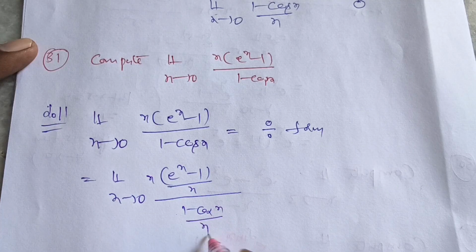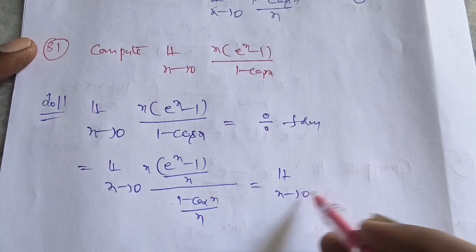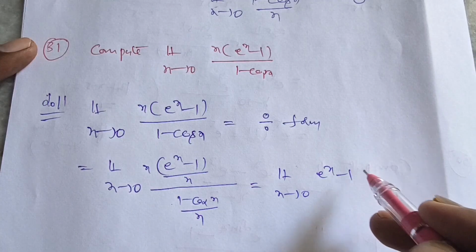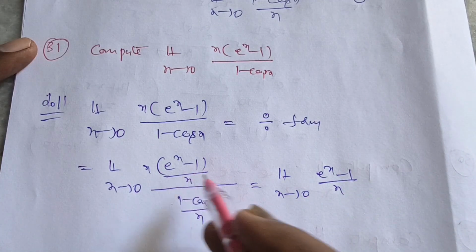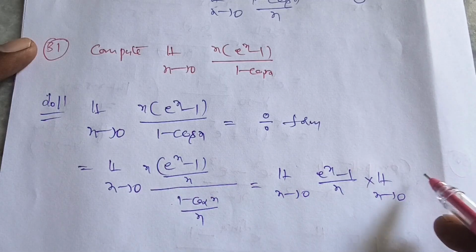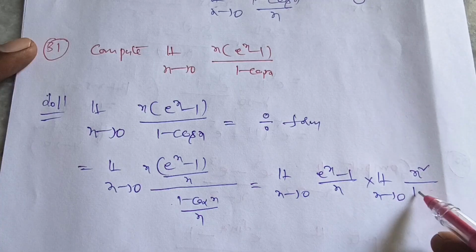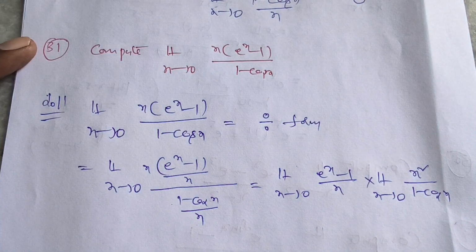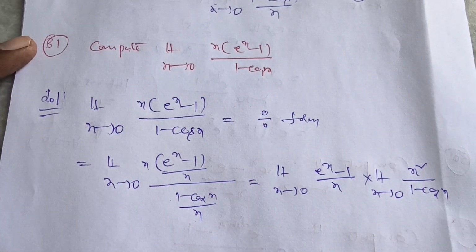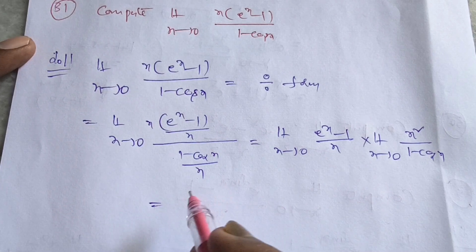Divide the numerator and denominator by x. So x into (e power x minus 1) by x, over (1 minus cos x) by x, equals limit x tends to 0, (e power x minus 1) by x into limit x tends to 0, the reciprocal of the denominator value, x into x is x square by (1 minus cos x).